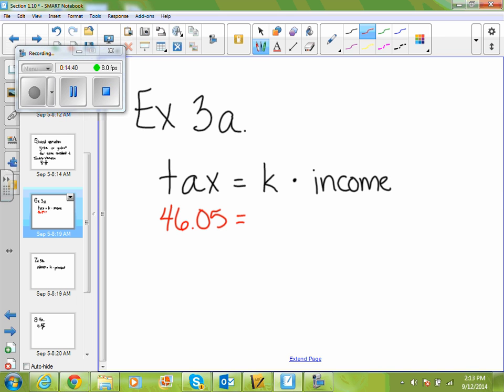So 46.05 equals k times my income of $1,500, and we want to figure out our k so that we can figure out what our direct variation formula would be.